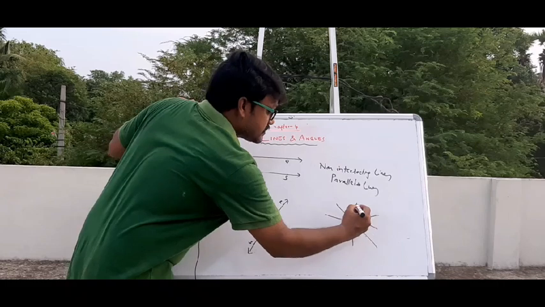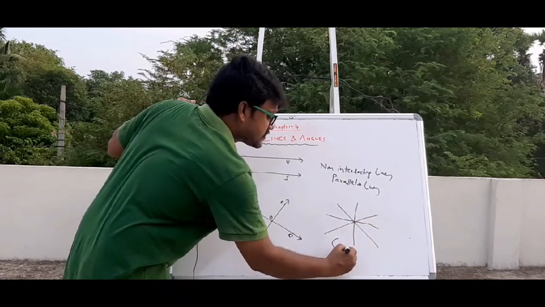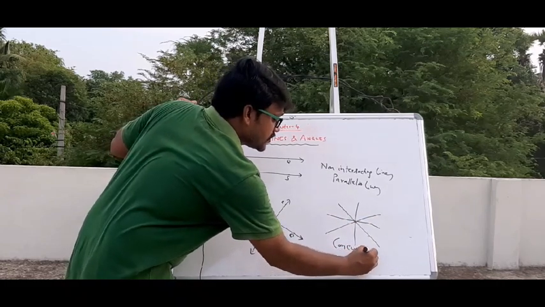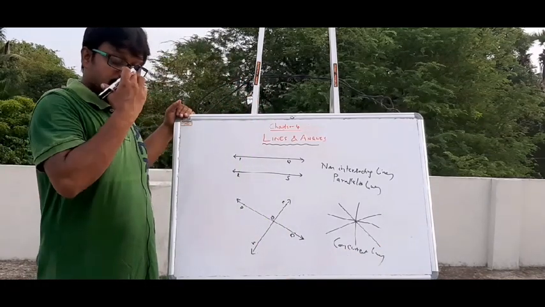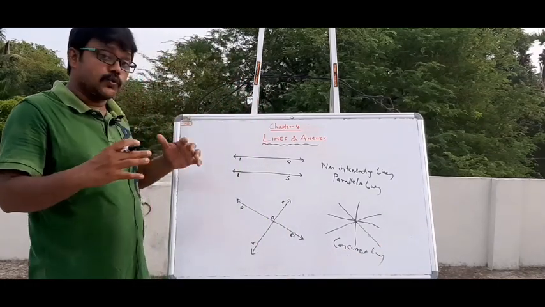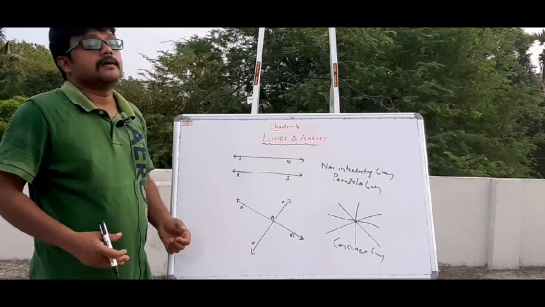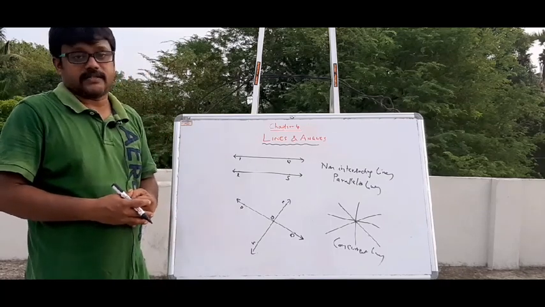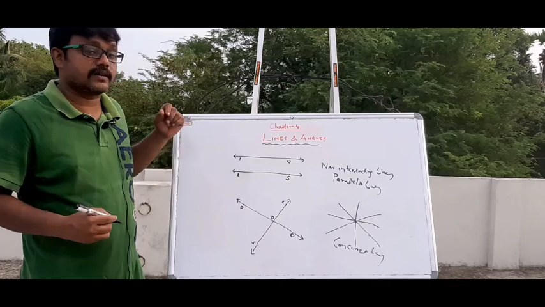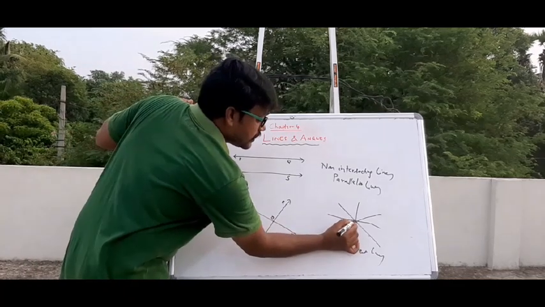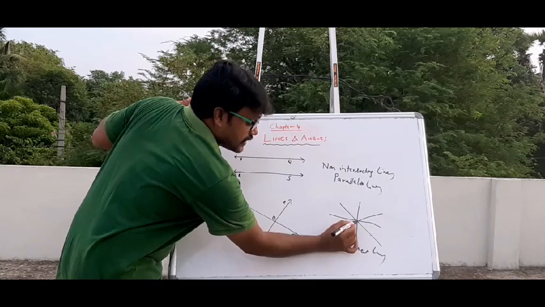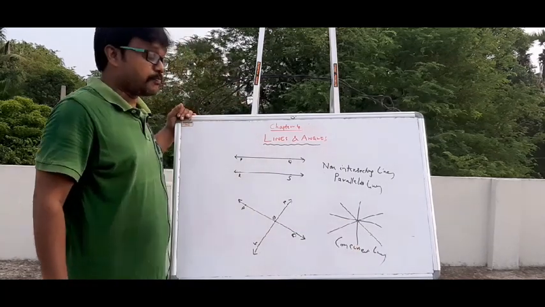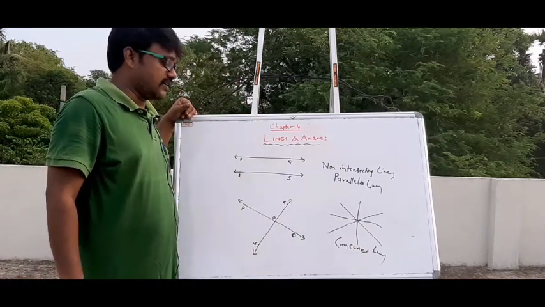This kind of lines are known as concurrent lines. What are concurrent lines? If more than two lines have a common point, those lines are known as concurrent lines. This particular point where all lines are passing is known as the point of concurrence.